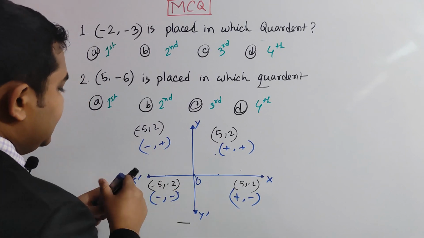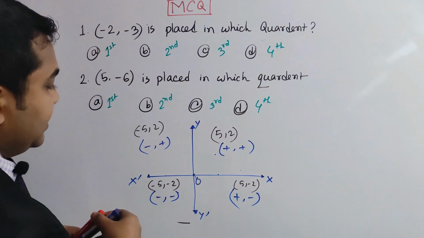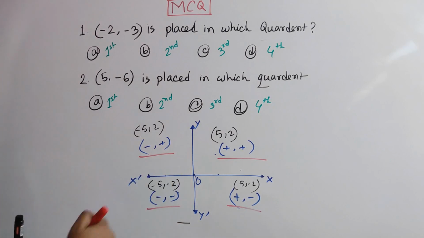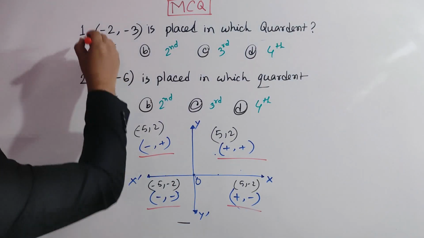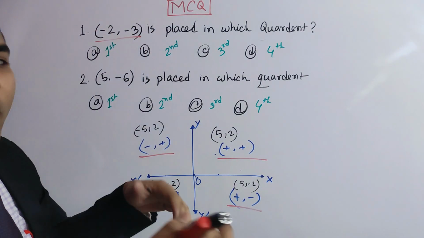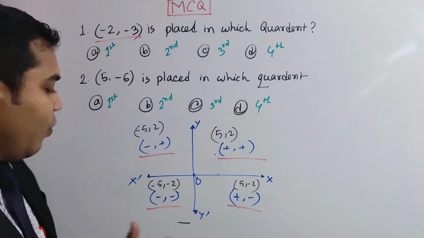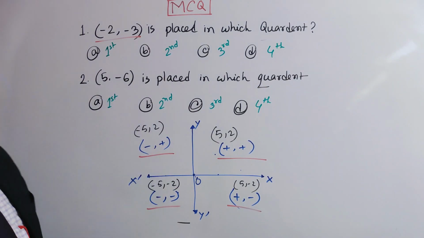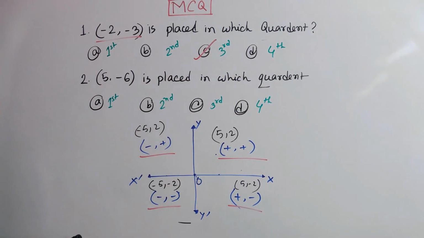So this is the way by which we can say in which quadrant the point will be situated. Here, there is given a point (-2, -3), where will it be placed? Now if we try to understand what we just learned, minus minus is the point which will lie in the third quadrant, so the answer should be the third quadrant.